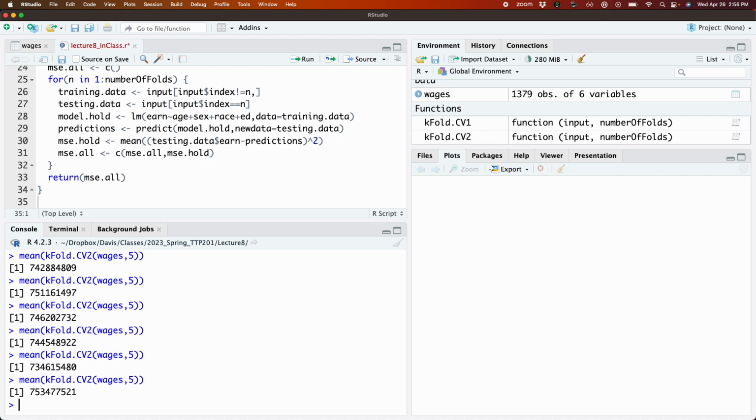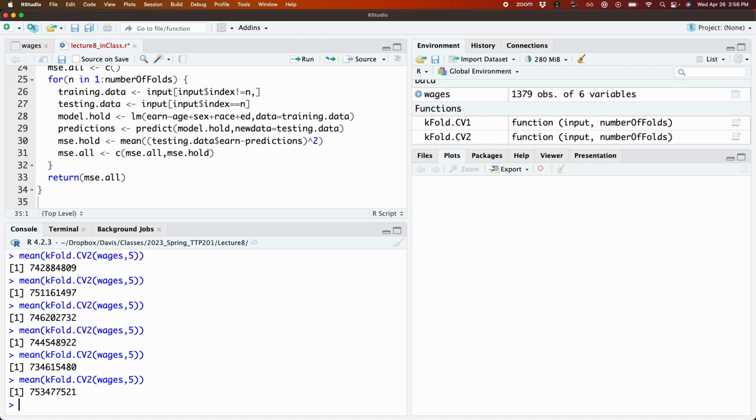Okay, yes? Do you generally do cross-validation like this when you're doing it, or do you use a function that does this? Oh yeah, no, this is definitely common enough where you don't have to write your own custom functions.